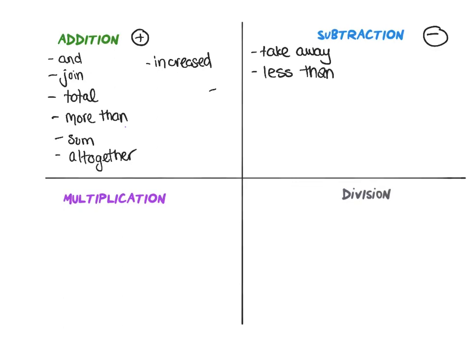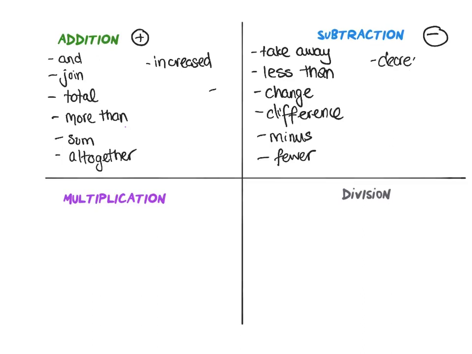So 5 less than x, so you're taking away. The change. The difference is another word that could be used. Minus, fewer, so there were 6 fewer, so you minus. Decreased, so x was decreased by 5, so that'd be minus 5.